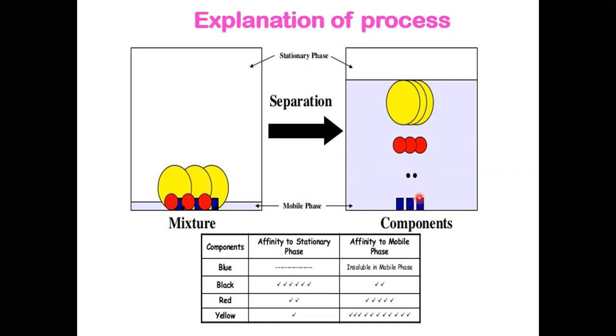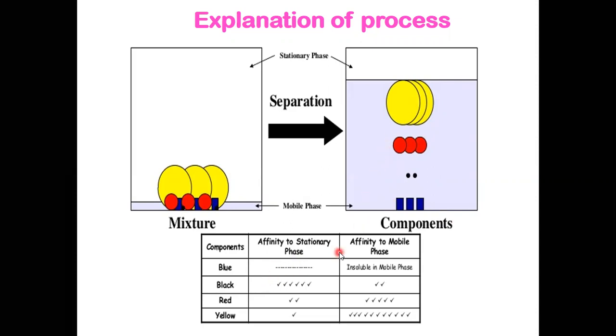Particles which moved the least have a stronger attraction or affinity towards the stationary phase and lesser solubility in the mobile phase. Similarly, particles that moved the most, the yellow ones, have the highest solubility in the mobile phase. They have very little interaction with the stationary phase.